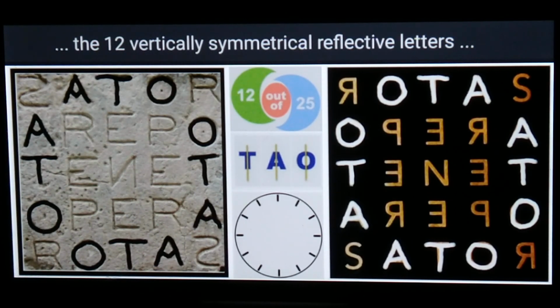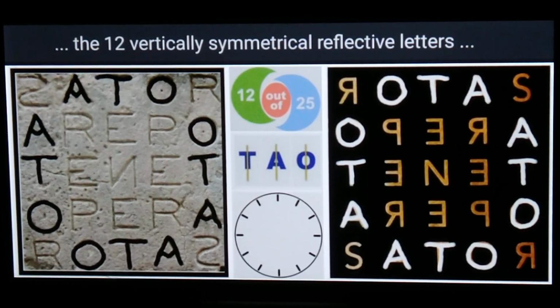Is it 4 times each? There's 4 T's, 4 A's, 4 O's. But notice there's 12 of them, off to the left and off to the right.